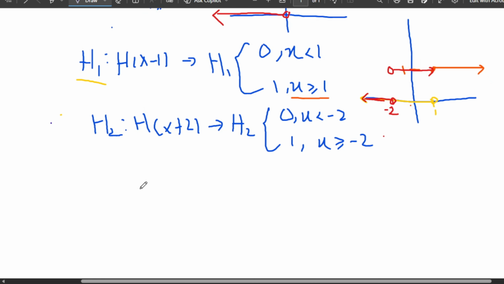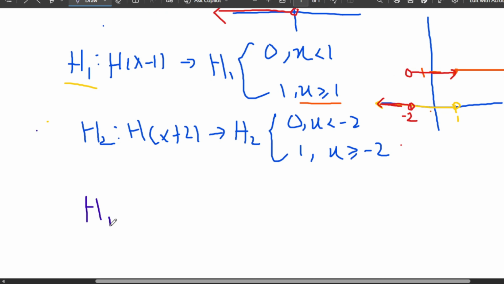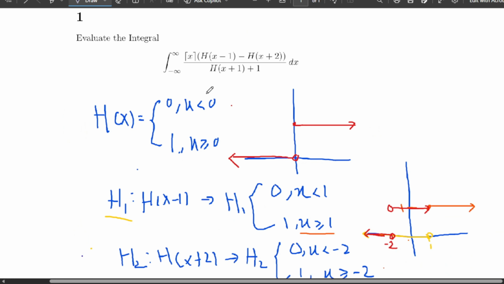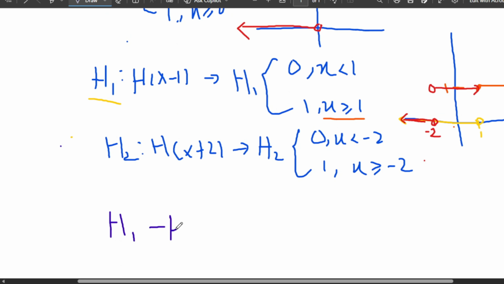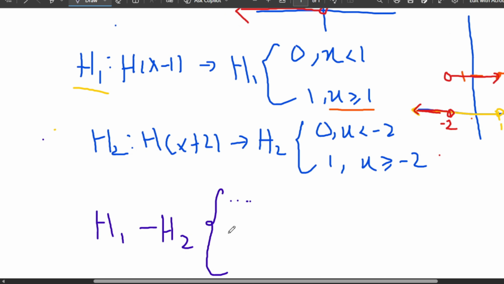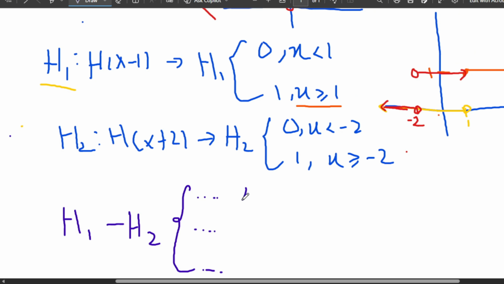So what we can do is look at h1 minus h2. First, let's check when x is less than negative 2. When x is less than negative 2, h2 will be 0, and h1 will be 0 also.